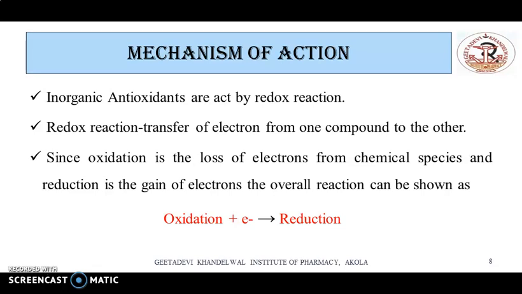The antioxidant usually prevents the oxidation of active compounds and gets oxidized itself in their place. Simply, a redox reaction takes place in the mechanism of action of antioxidants. They are oxidized themselves in place of the active pharmaceutical ingredient, and if the substance is already oxidized, they reduce this substance by oxidizing themselves. So this is the mechanism of action of antioxidants.